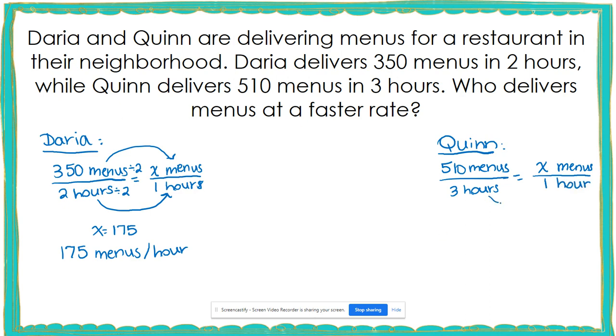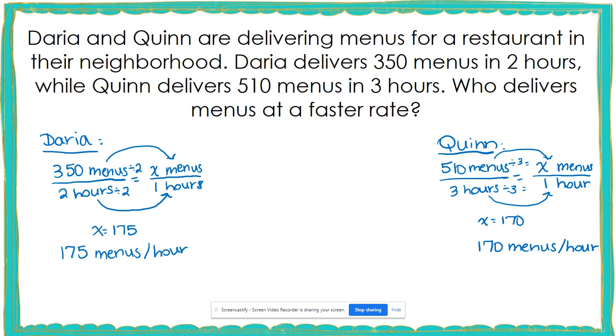Now to get from 3 to 1, I would divide by 3, which means to get from 510 to x, I would also divide by 3. When I do 510 divided by 3, I get 170. So x equals 170, which means that Quinn delivers 170 menus per hour.